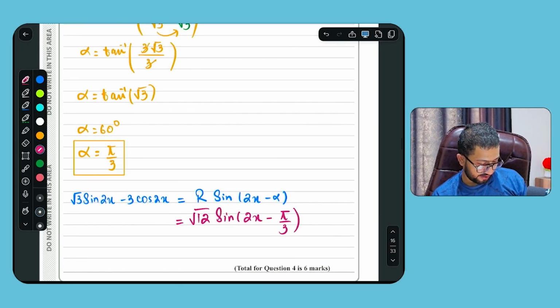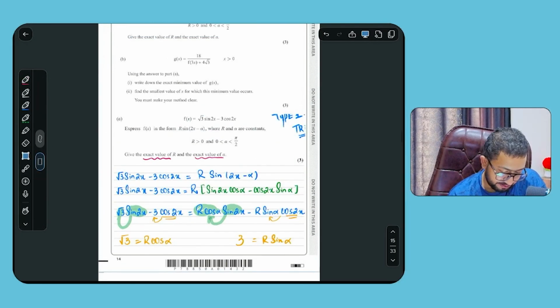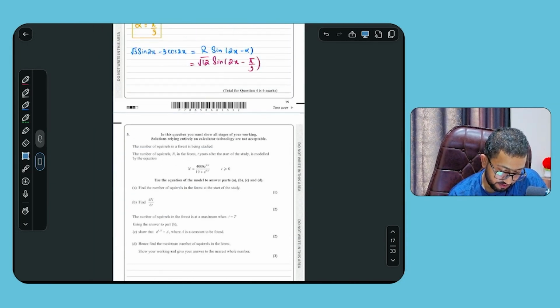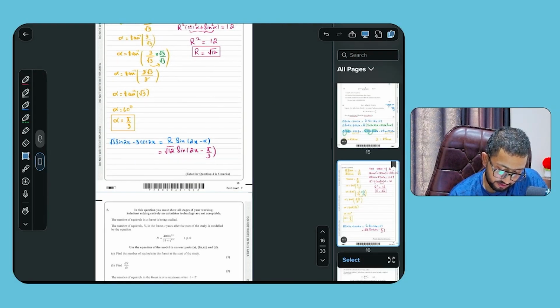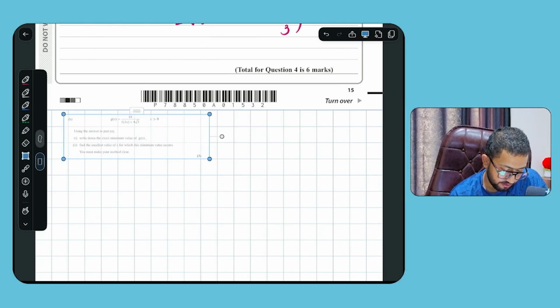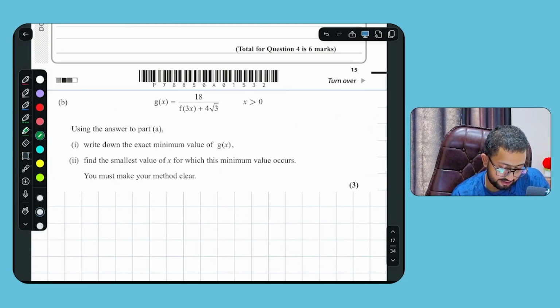Yes, perfect. Now we can move forward. Write down the exact minimum value of g of x.